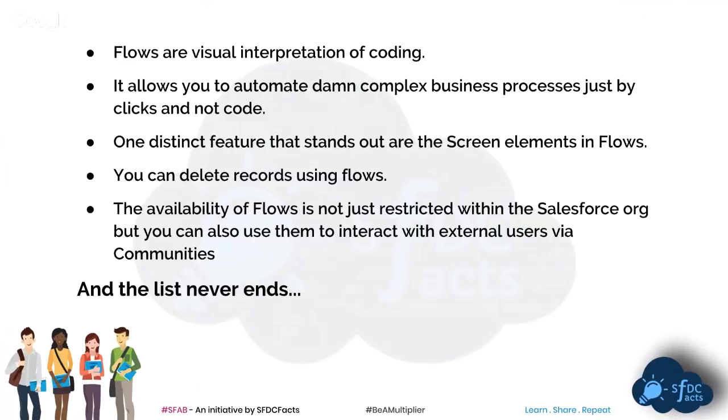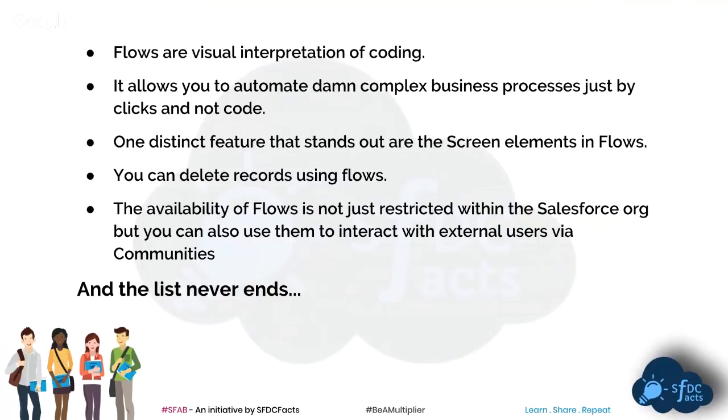The next feature, as I already told you, is that it allows you to automate really complex business processes just by clicks and without having to write any code. Now this is the third feature, and I think it really stands out from all the other features. Why so?